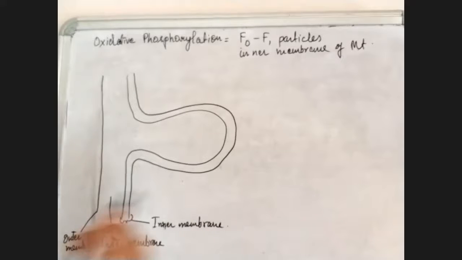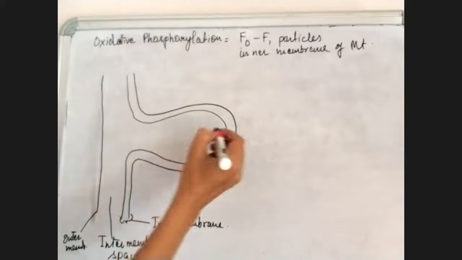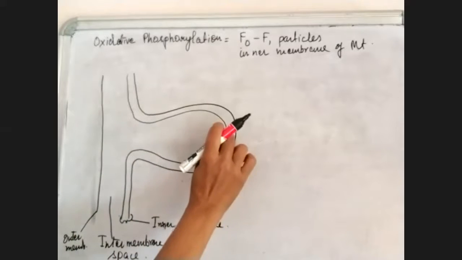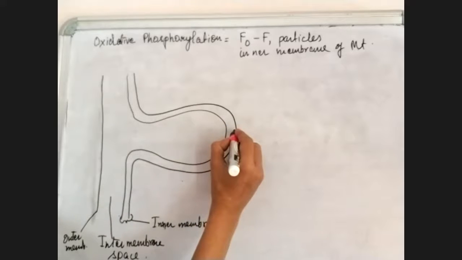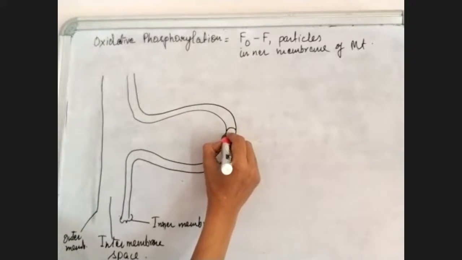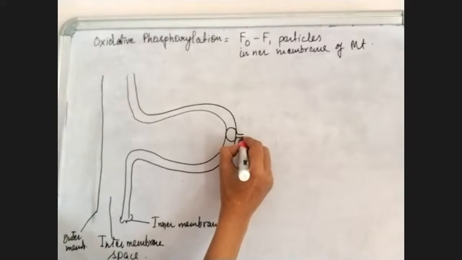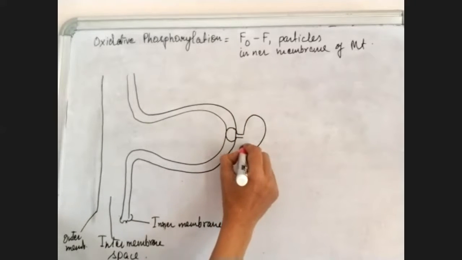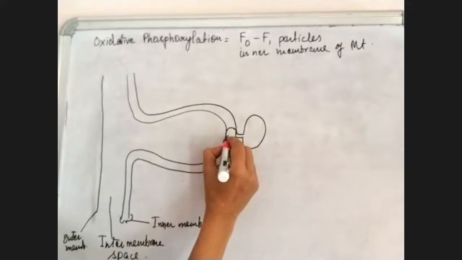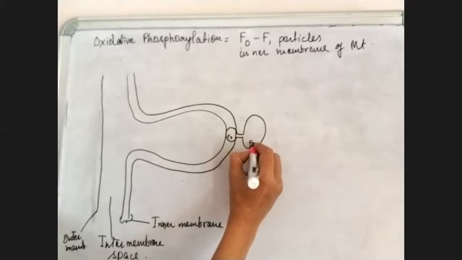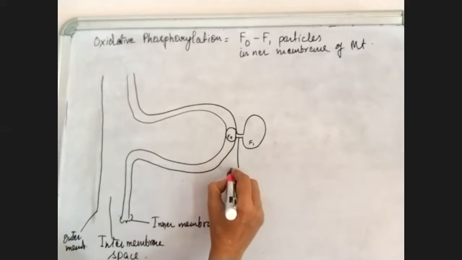So what happens here? I'm making just one F0, F1 particle. The F0, F1 particle is something like this. Then we have a stalk. This is F0. This is F1 particle. This is stalk.